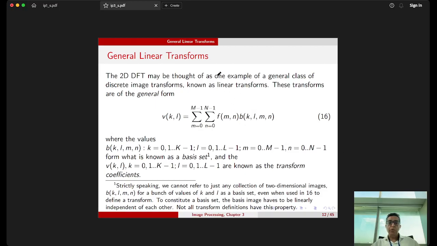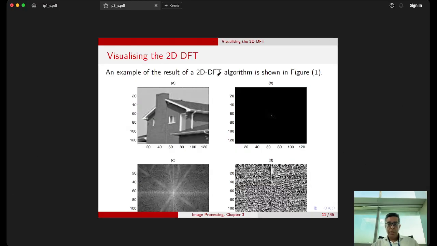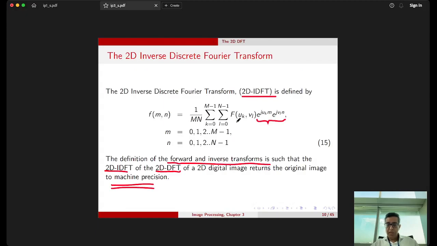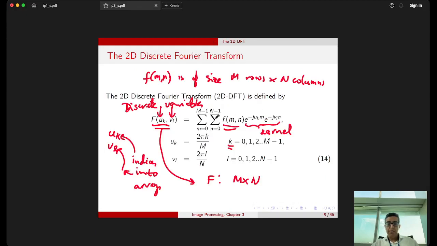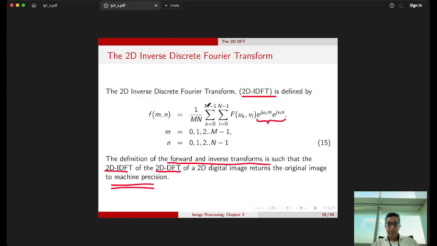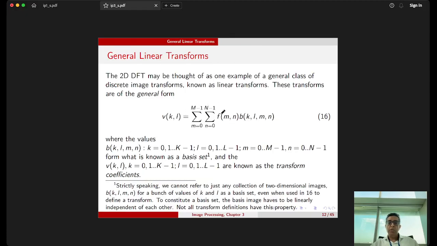We're going to look at how to interpret this very specific calculation for forward and inverse discrete Fourier transforms using a simplified notation in which we abstract away all those horrible exponentials, and introduce the idea of general linear transforms, which can be applied to two-dimensional images and which generalize the process of understanding a discrete Fourier transform.